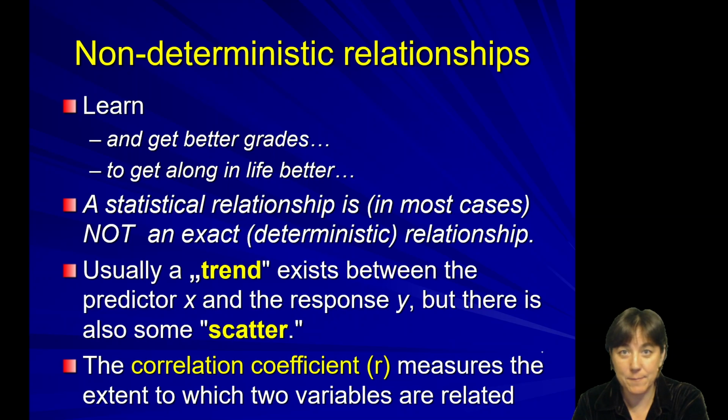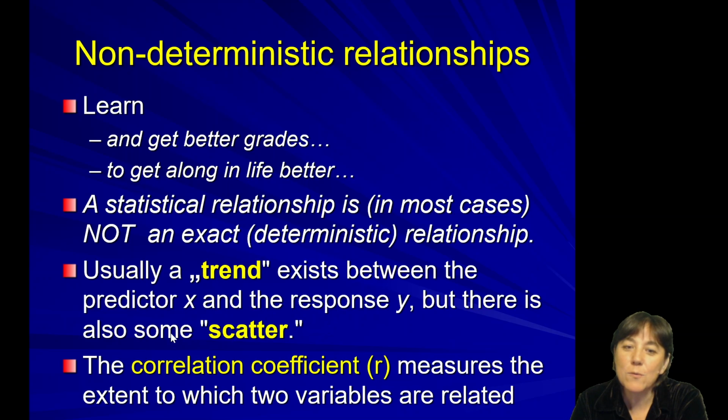Now, in behavioral studies, especially psychology, relationships are not deterministic. Learn and you will get better grades, or you will get along in life, right? So this is not an exact linear relationship, but there is a trend. We can kind of feel that.